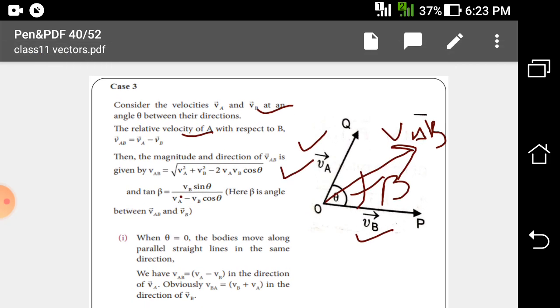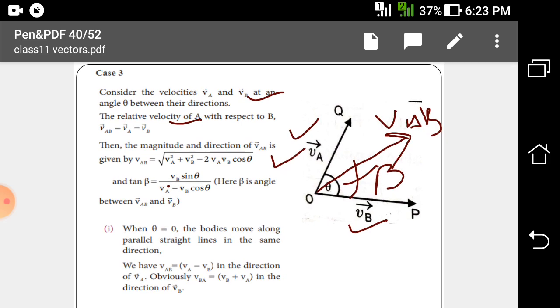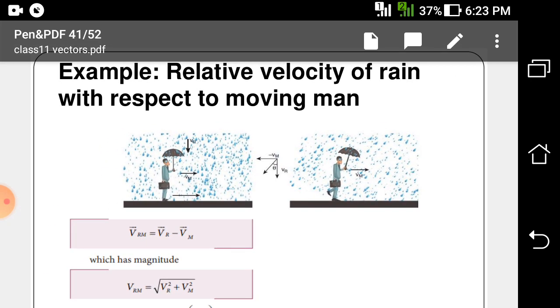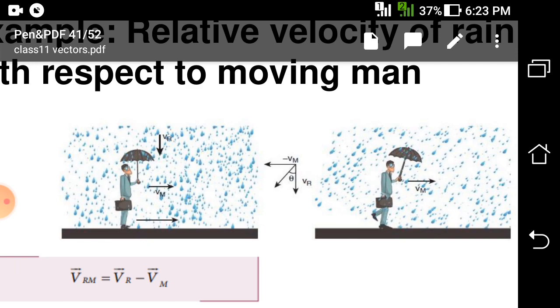Now we can use this formula to solve the numerical based on real life situation. Let's see the numerical. See the example first. The relative velocity of rain with respect to a moving object. This is a very important example in your syllabus. Here the rain is falling vertically downward. See the direction of rain, and a man is moving in this direction.